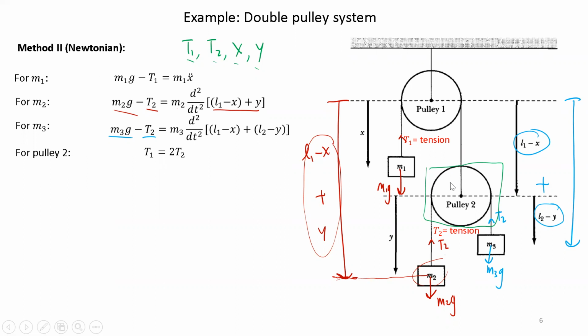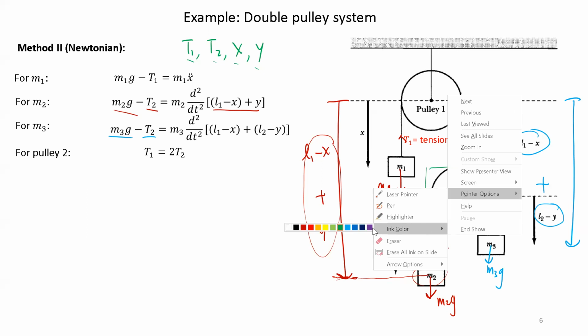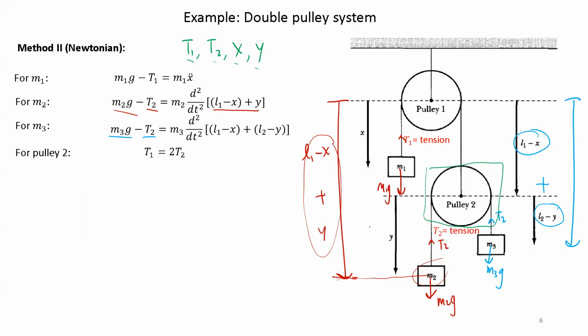Now what is the net force acting on this pulley 2? It is given by this T1 pulling it up, and on the other hand, I have double the T2 pulling this down.